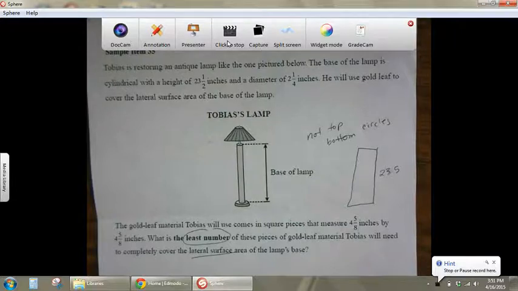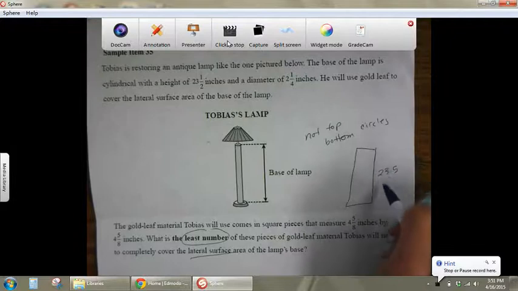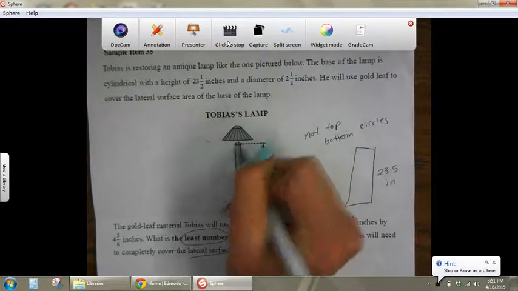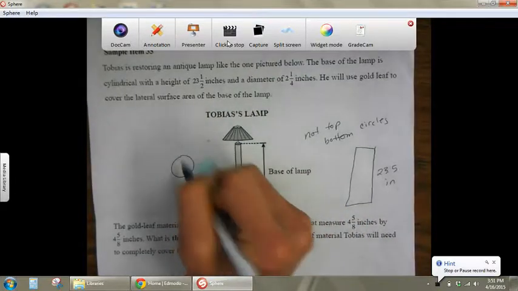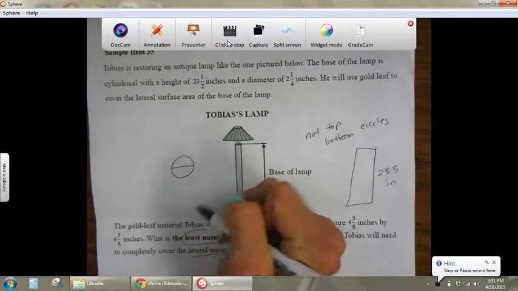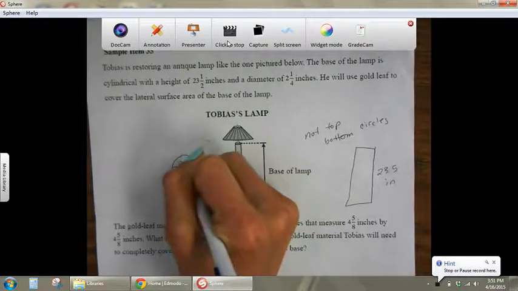All right, sorry for that little interruption. Okay, so I have 23.5 inches here. Now remember, the diameter all the way across the circle, let's pretend we're looking straight down at the circle, is 2.25 inches.